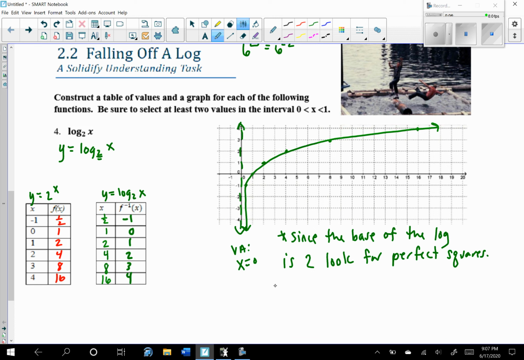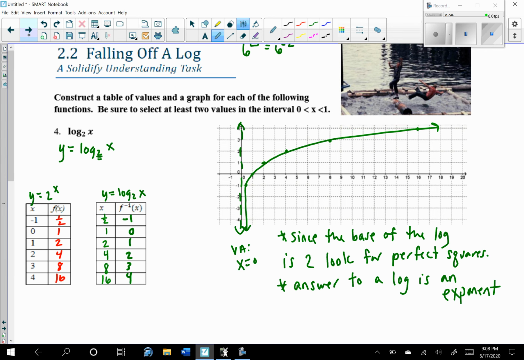Because remember that the answer to a log is an exponent. So that's why it's helpful to think about exponential form, because of the fact that the answer to a log is an exponent, and that kind of helps you graph without your graphing calculator.